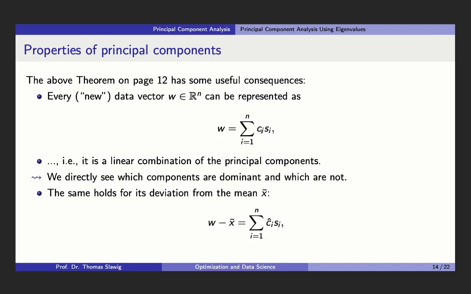So I always get coefficients c_i times the principal components, and this linear combination builds up the new vector. And so if I can compute these coefficients, I can directly see which of these components are the most important in the new data vector that I have.